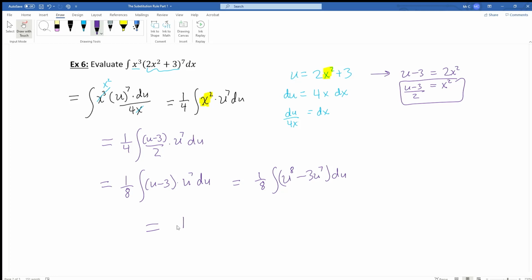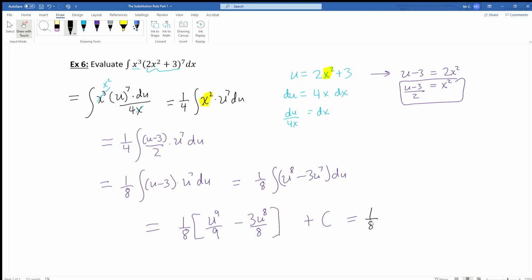Now that's very easy to integrate, right? That's just regular old power rule. Gives us u to the 9th over 9 minus 3u to the 8th over 8, and tack on that plus c at the end. Well, don't forget we do have to substitute in our variable for u.